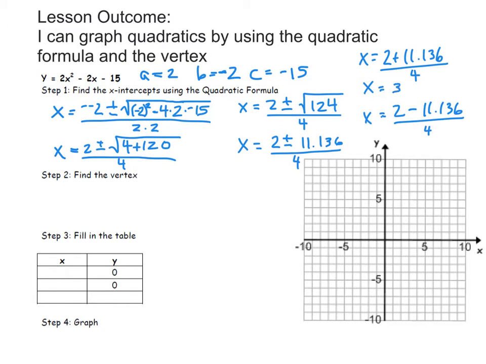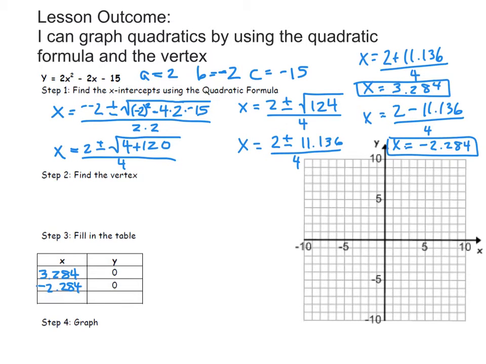So we're going to get 3.284 as one of our x-intercepts, and x equals negative 2.284 for our other x-intercept. And we can put those in our table down here. So when y is 0, x is 3.284, or when y is 0, x is negative 2.284.